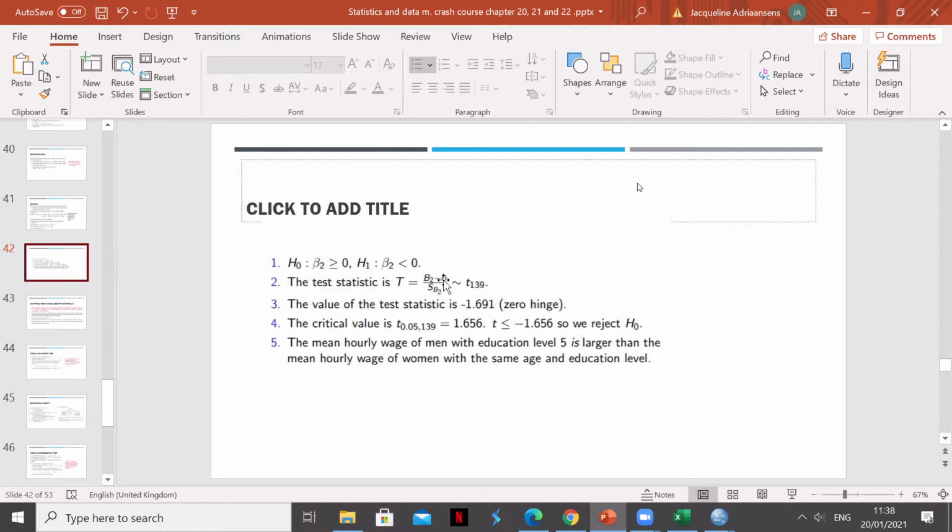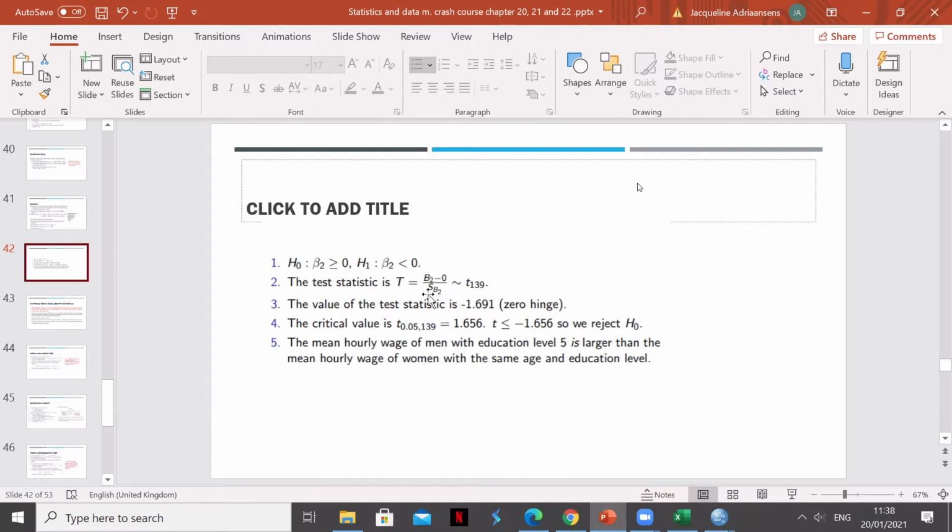So B2 minus the hinge, which is 0. You can also, by the way, write B2 over SB2, because the 0 you can disinclude. If it's non-zero, so 3 or something, you have to include it. But if it's 0, you can just write it like this, leave the 0 out. But you can also write it like this, which I personally think is nicer.